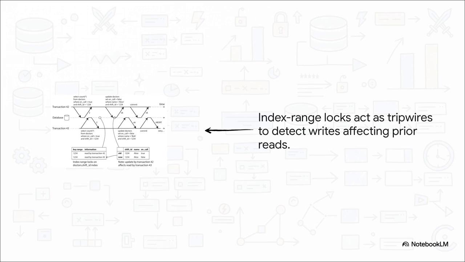So, if transaction 42 is reading the status of doctors on shift 1234, it leaves a little non-blocking note on the index for shift 1234. Later, when transaction 43 comes along and writes a change to that exact shift, it hits that tripwire. The database immediately notifies the transaction manager that transaction 42's earlier read is now invalid. Whoever tries to commit last, they get rejected.